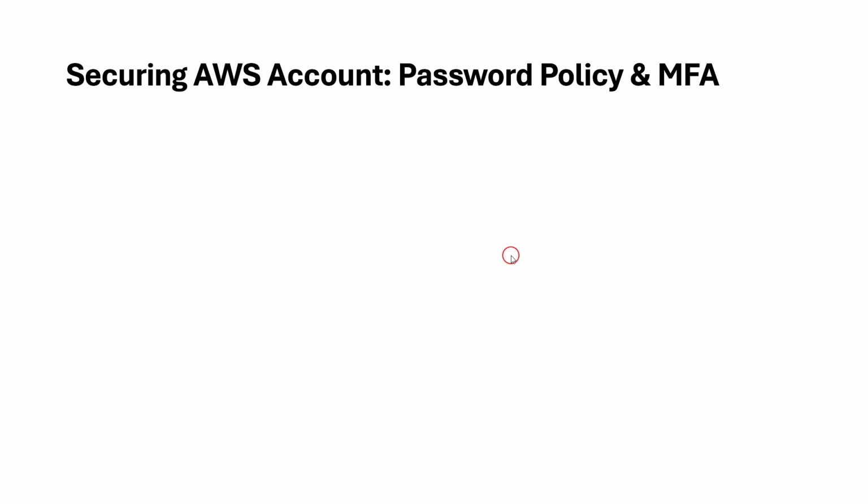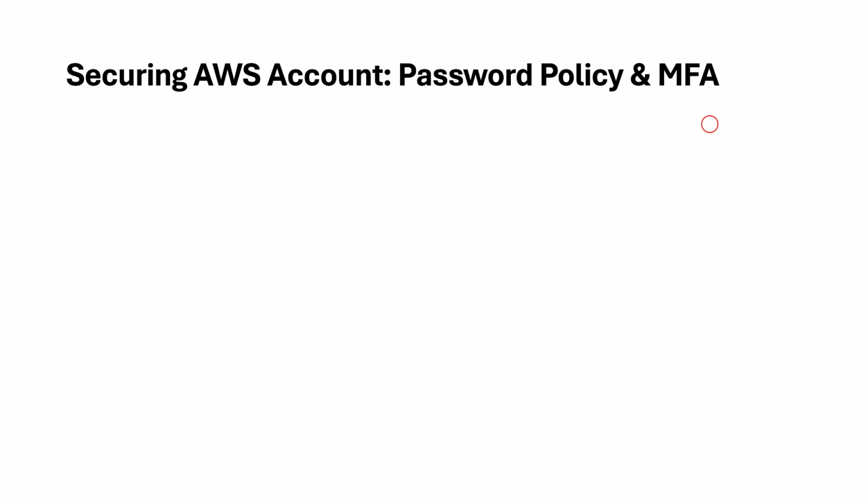Aditya here. Today we are talking about two incredibly important features for securing your AWS account. That is IAM password policies and multi-factor authentication. In shortcut we call it MFA. These are your first lines of defense against unauthorized access.